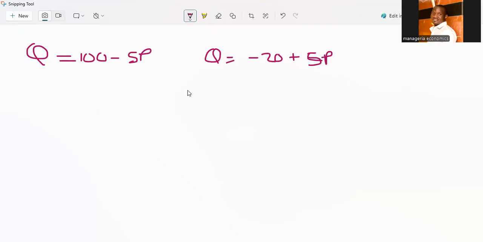Suppose we're given Q is equal to 100 minus 5p and Q is equal to negative 20 plus 4p. Which one is demand and which one is supply of these two?